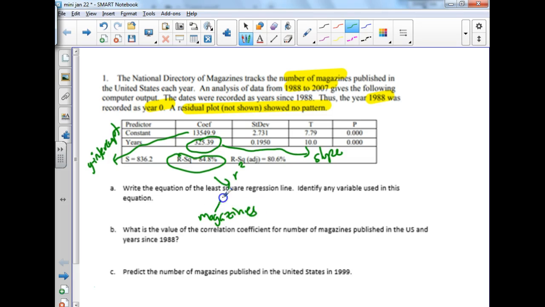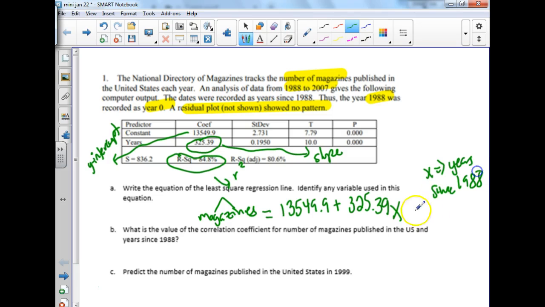I can choose to put magazines hat, because that's the prediction equation, is equal to 13549.9 plus 325.39x, in which x is going to be the years since 1988.